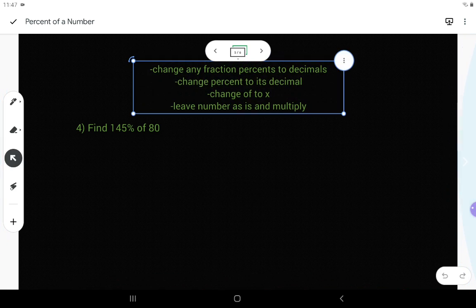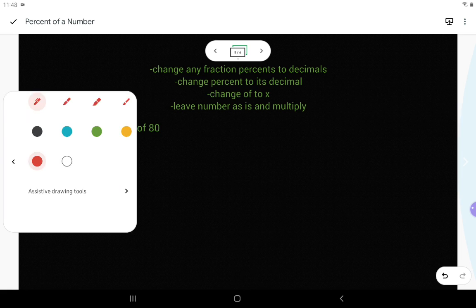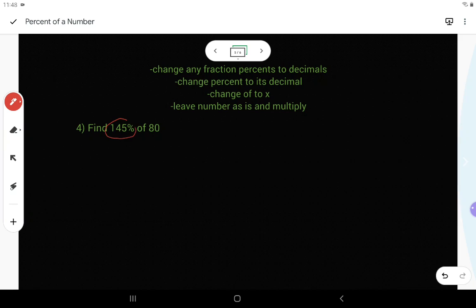Okay? Now, we also have percents that are bigger than 100, and we're going to use the exact same process if our percent is bigger than 100. Okay, so 145% of 80. I'm going to start by taking that 145%, no fraction attached to it this time, so it's a little bit easier. I'm going to divide that by 100 to turn it into its decimal, and its decimal form is 1.45.